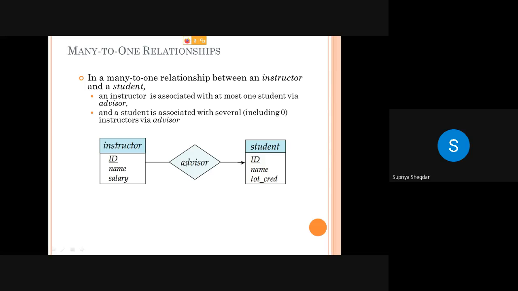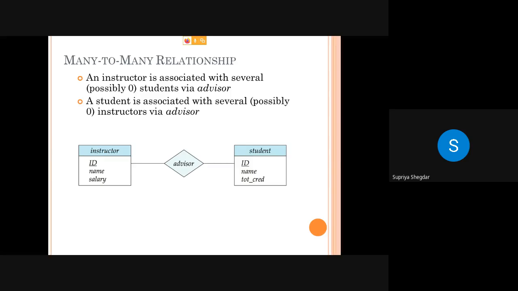Here many instructors are associated with one student, like the guide and co-guide concept, the main guide and the co-guide. The two instructors or two guides can interact with the single student, so we can represent it with a many-to-one relationship.